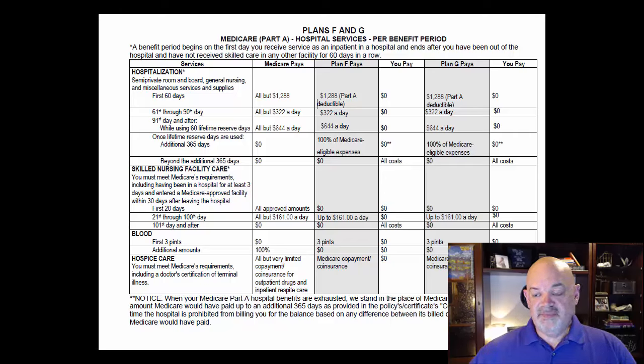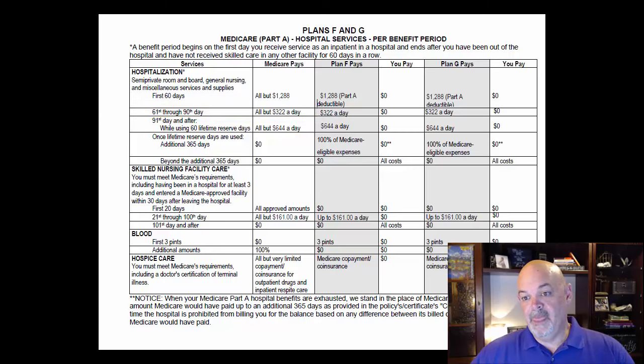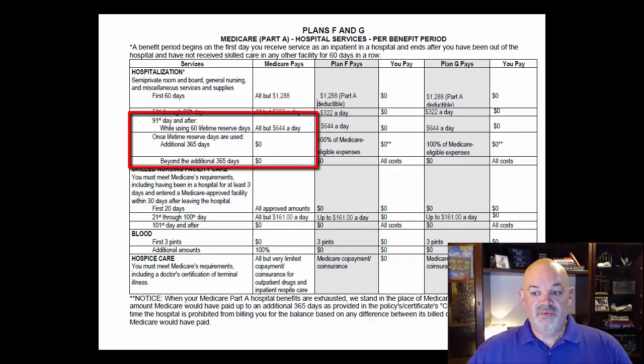Now, if you stay in the hospital for 61 consecutive days, then on the 61st day, you will start paying a daily copayment of $322 per day. And then if you go beyond 90 days, you go into what is referred to as the lifetime reserve days.